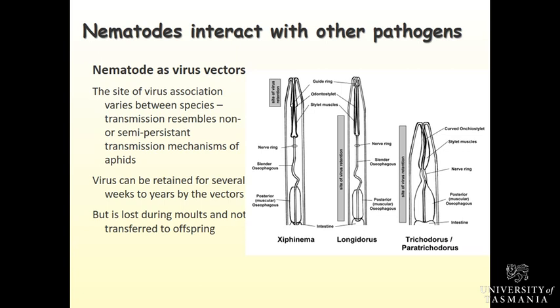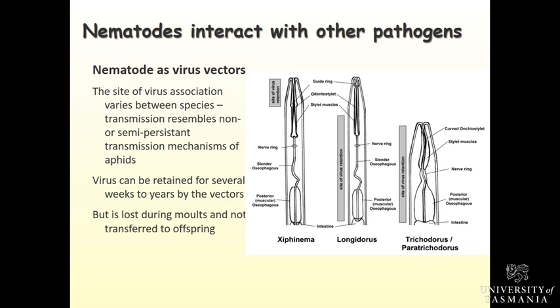So when the nematode feeds, the virus sticks to that mouth part, and then when it feeds again, it spits it back out and transmits it in that manner. The association can be relatively short or quite long depending on the longevity of the vector itself, but it will be lost during molts.